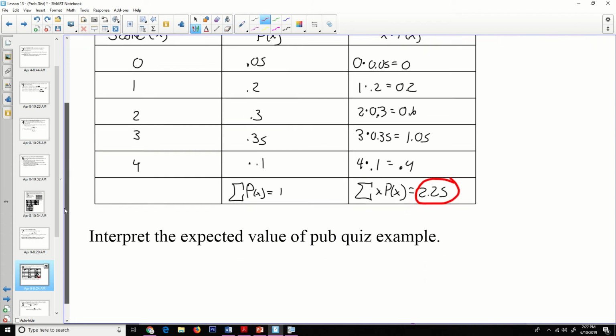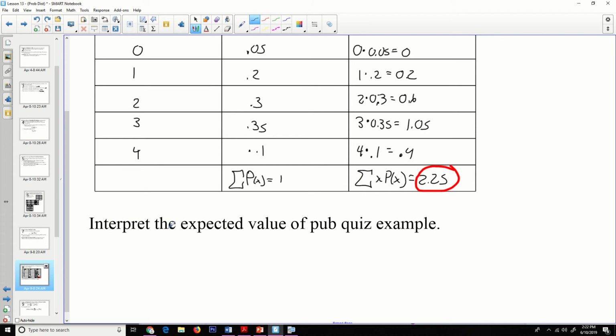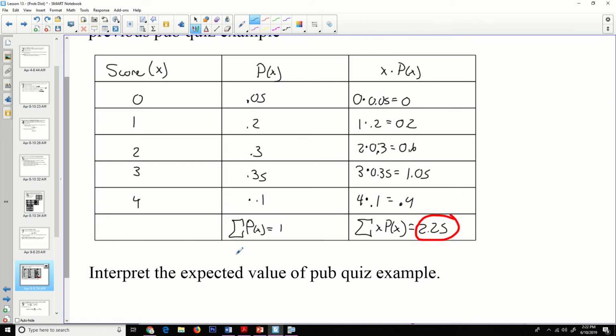Now, since the mean and the expected value of this is the same thing, we can interpret the expected value in terms of the units. Probability is just the probability that it's coming out, but the score is the number of correct answers in this case.